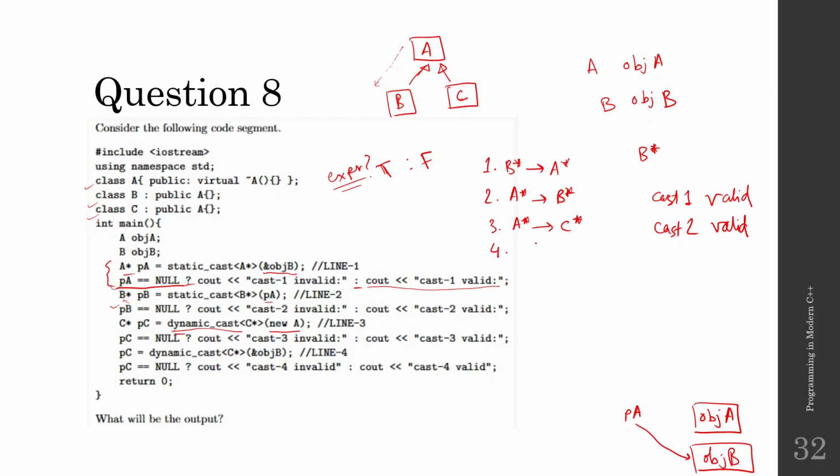And in the fourth one, we are doing B star to C star. So this new A line will give an A star pointer, which we are trying to dynamic cast to a C star pointer. So A to C, we are going from base to derived, which is not allowed by dynamic cast. So cast 3 will be invalid.